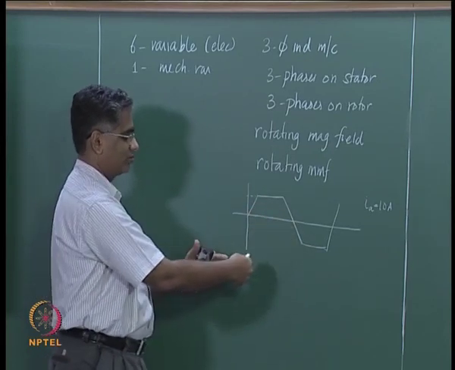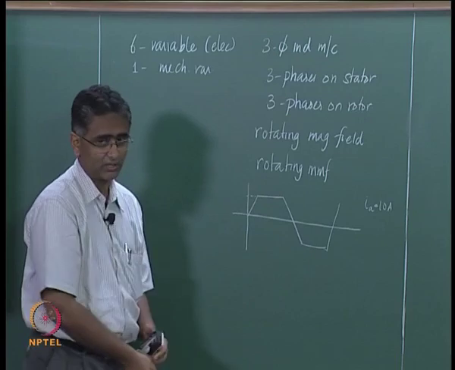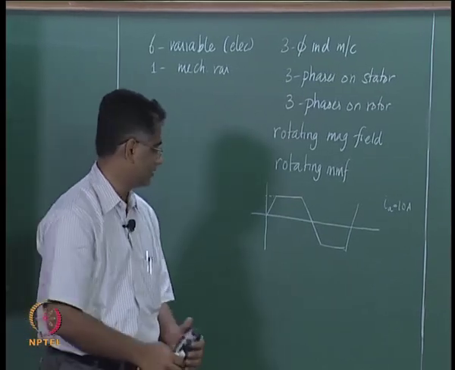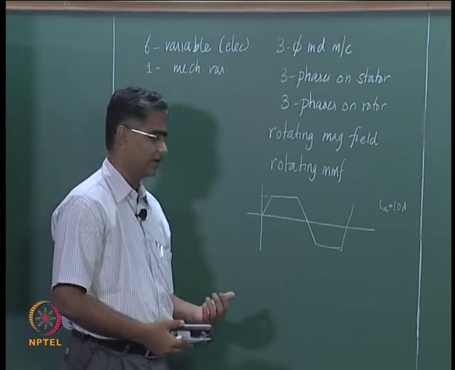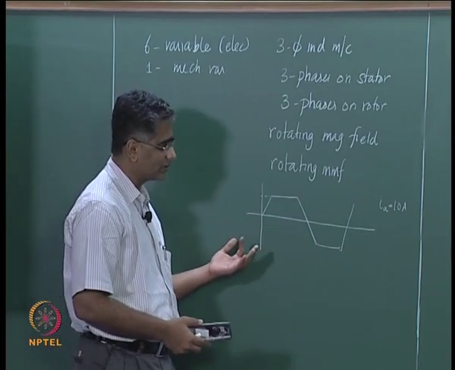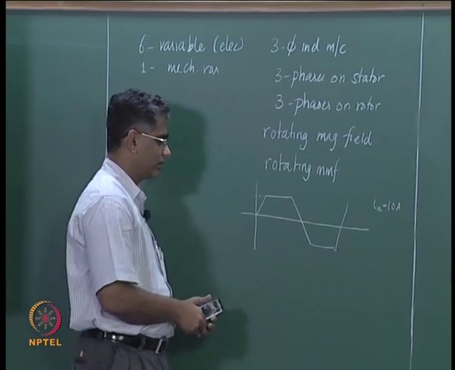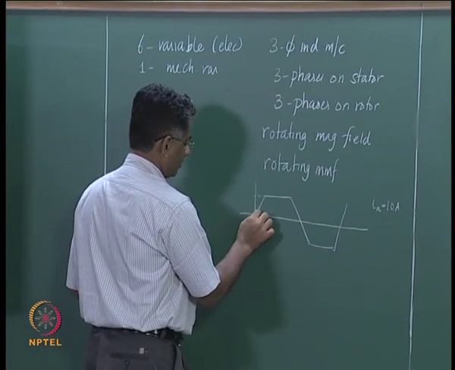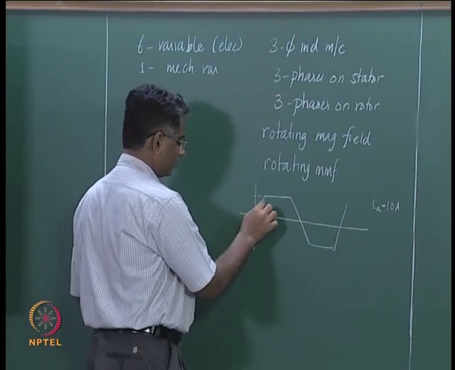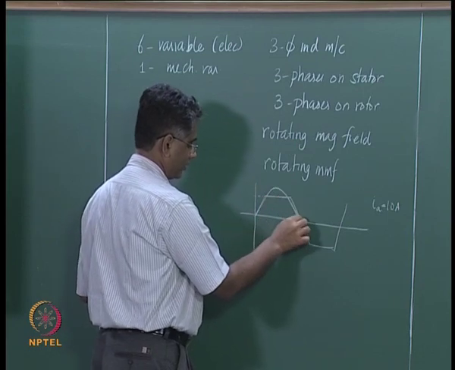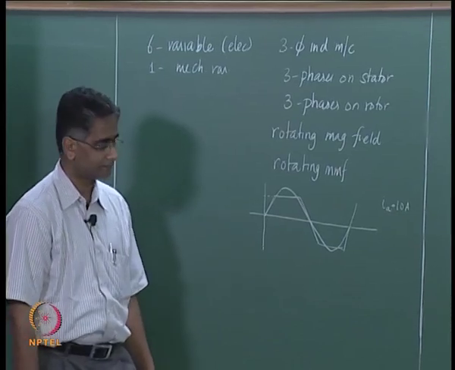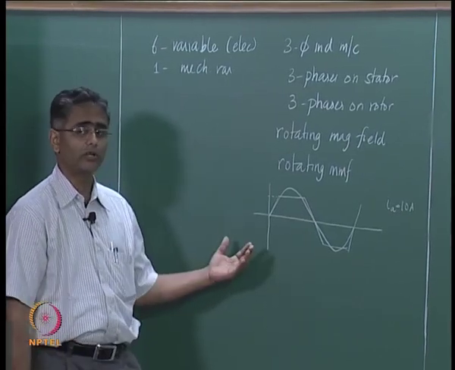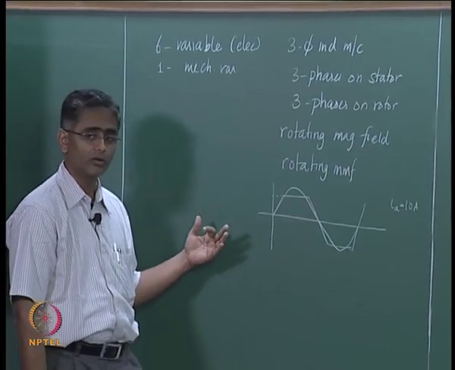All this depends upon how many turns are wound in the phase that we are considering. We also said that in our analysis it is sufficient to consider only the sinusoidal fundamental component of this. So you take the fundamental component of one particular phase.